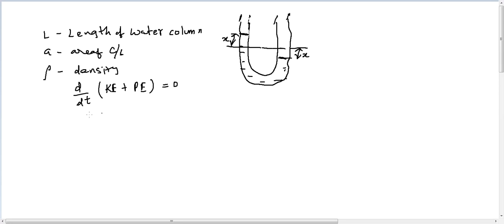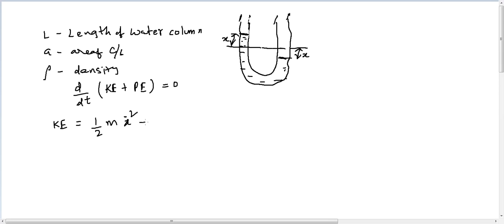Here the kinetic energy is nothing but half m v square, actually half m into x dot square, where x dot is the velocity.